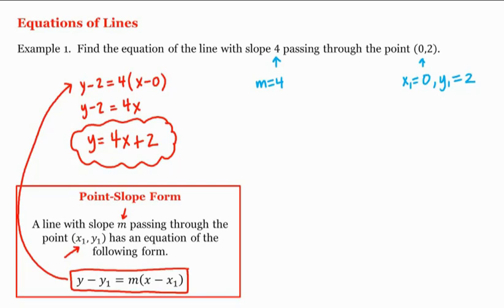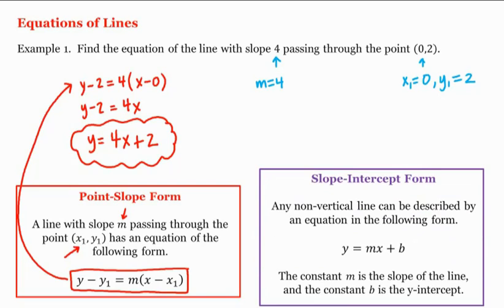However, we also have the following slope-intercept form for the equation of a line. Namely, any non-vertical line can be described by an equation y equals mx plus b, where m is the slope and b is the y-intercept. Now in our example, isn't 2 here the y-intercept? Because x is equal to 0 and y is 2.